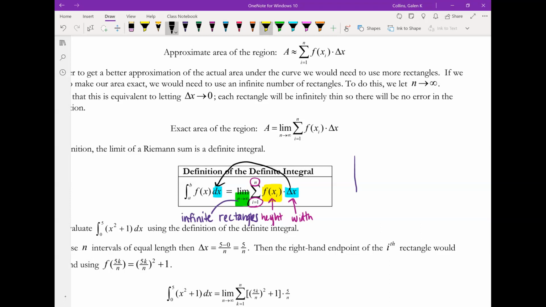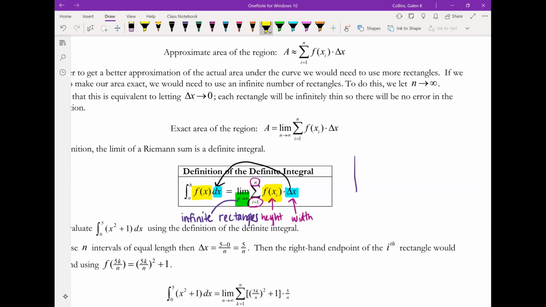F of x represents, well, it's the function, but it's also representing the height of the rectangle or rectangles. And then we use literal rectangles today to approximate that. And in Unit 6, we're going to learn how to find the antiderivative, which is the calculus way to evaluate the definite integral so that we're not always adding rectangles and trapezoids. So that is how these two things relate.